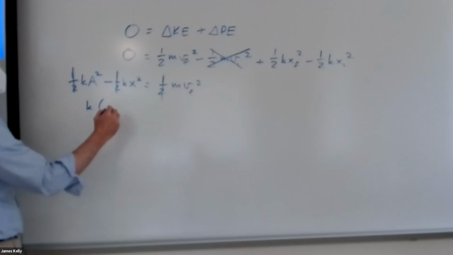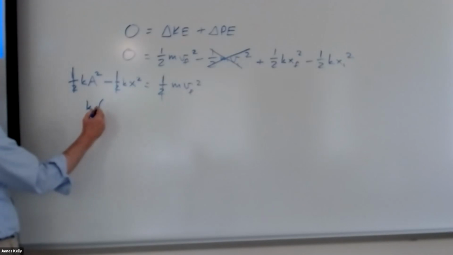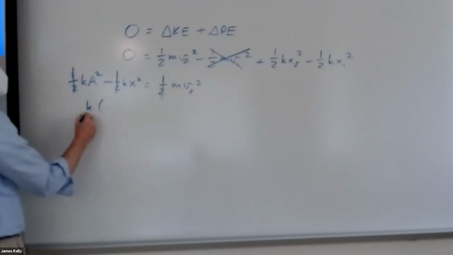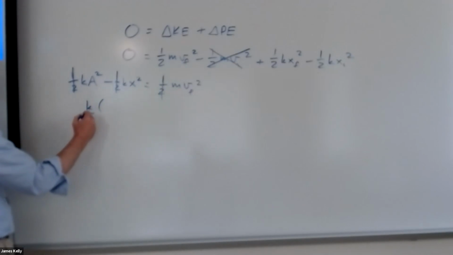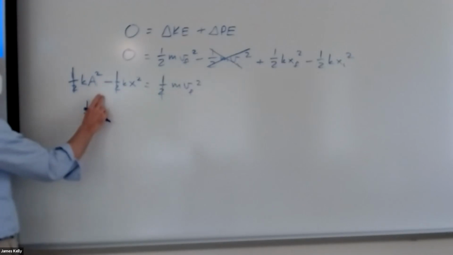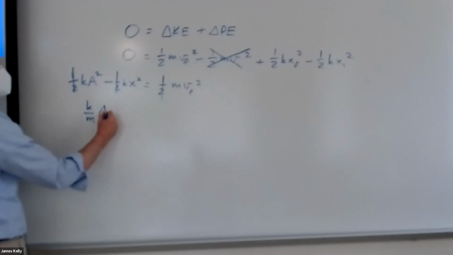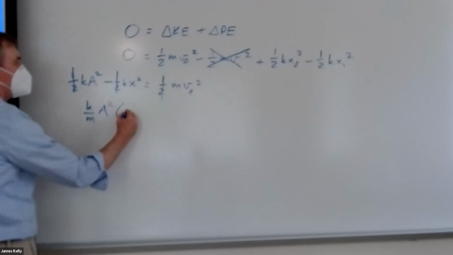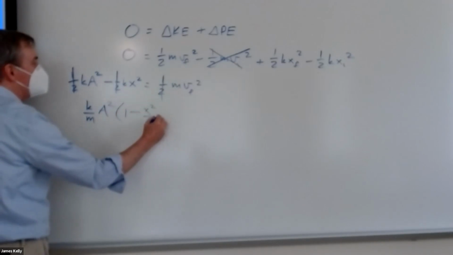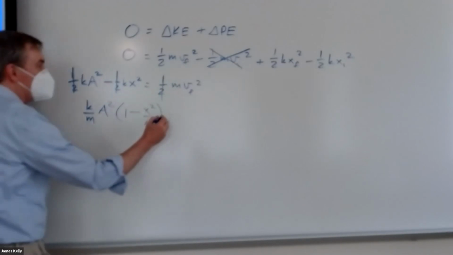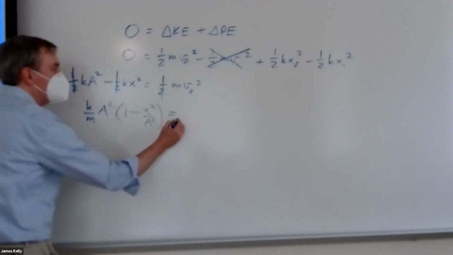When I divide by m, I'll have a common factor of m. And let me also factor out an a squared from the front of there. And what I'm going to have is 1 minus x squared over a squared before I take the square root. That's v final squared.